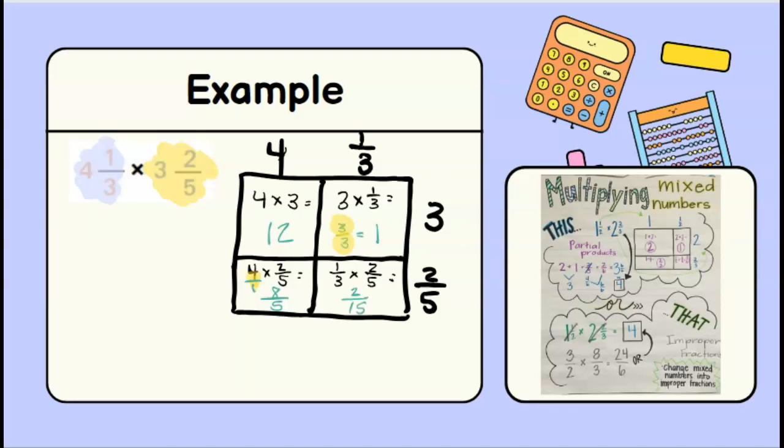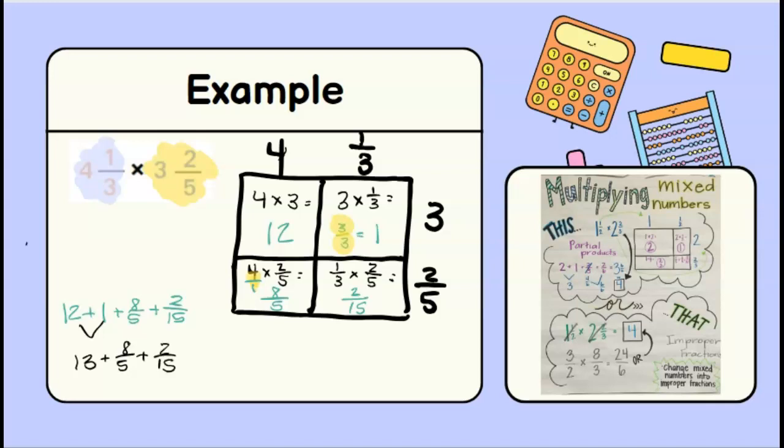Now I'm going to take all of those numbers and add them together. 12 plus 1 plus 8/5 plus 2/15. To simplify this, I know that I can add my whole numbers together. That's going to give me 13 plus 8/5 plus 2/15.